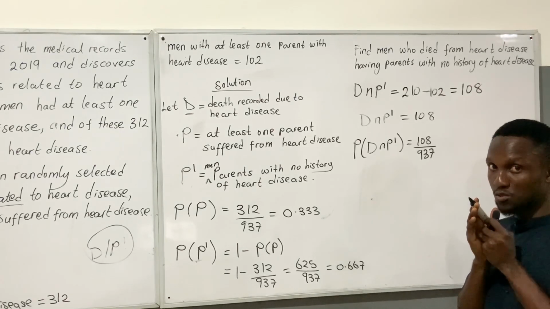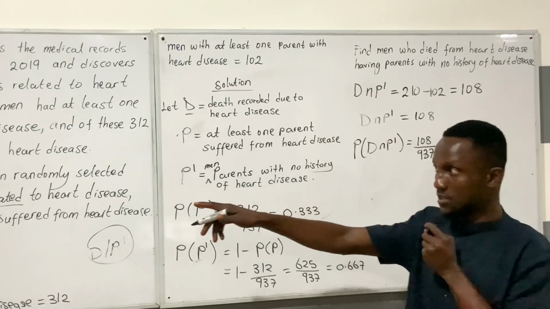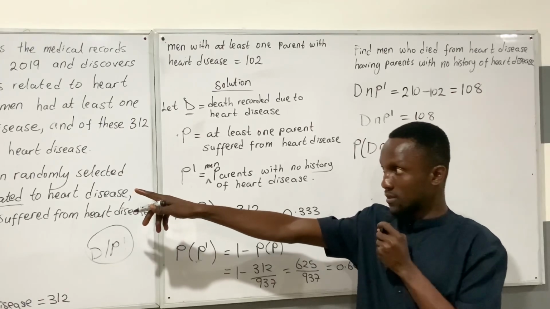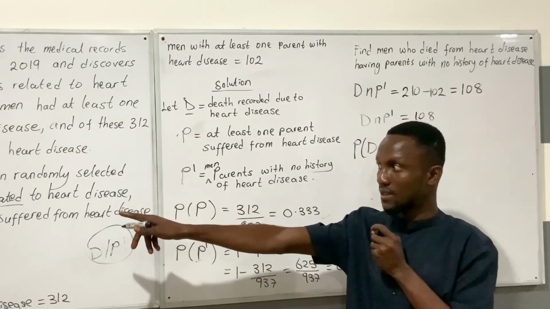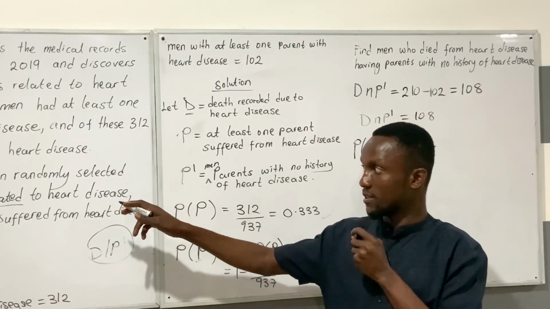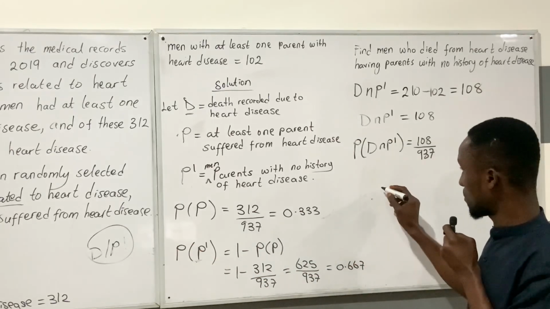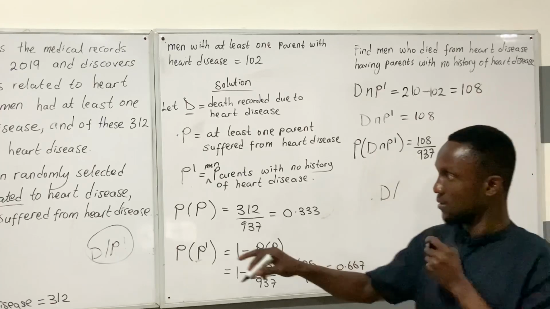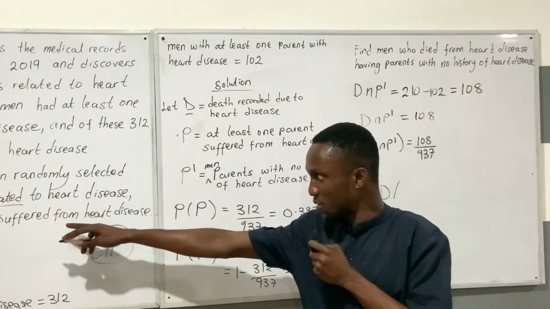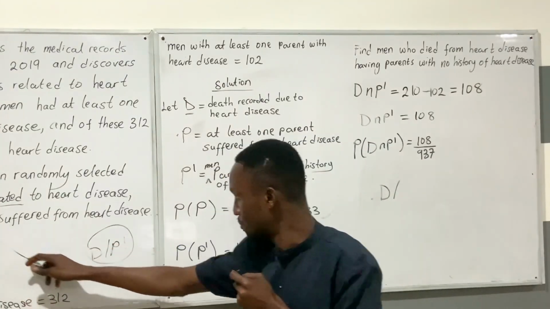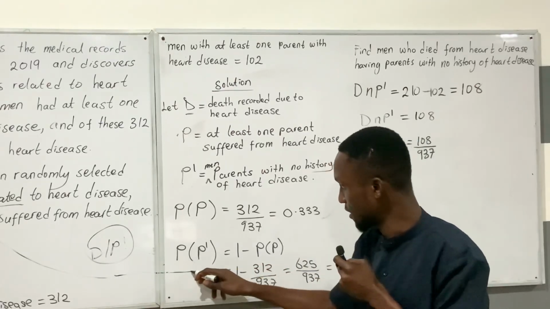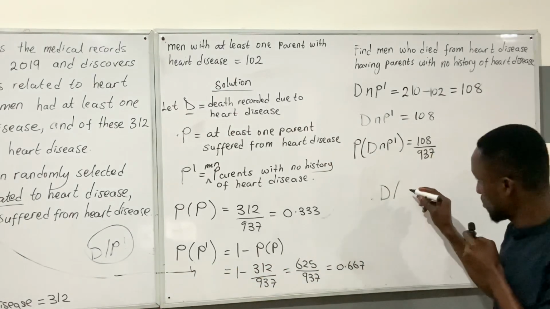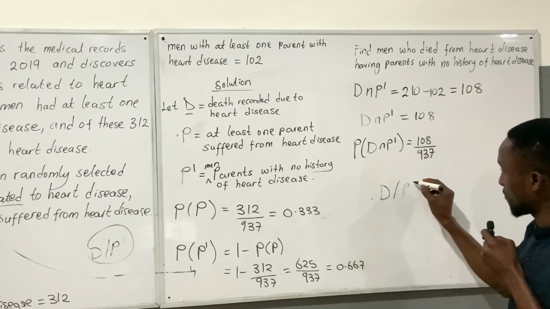Now we can solve our question. Determine the probability that a man randomly selected died of causes related to heart disease. Okay, so this is it. Given that neither of his parents suffered from heart disease, the complement, okay, what we have here. So D, given that we have what?